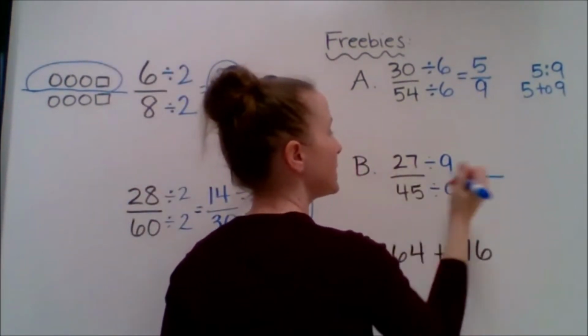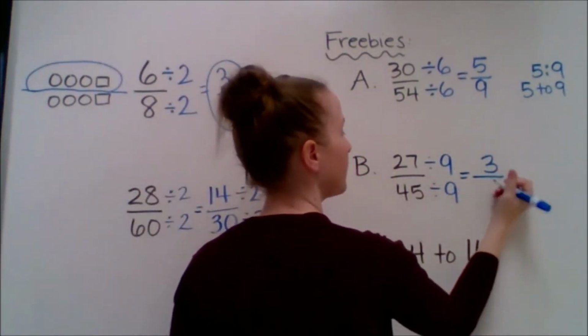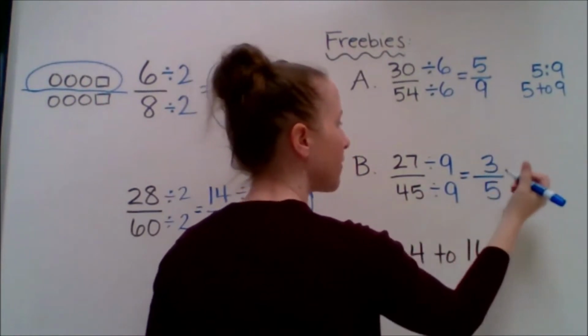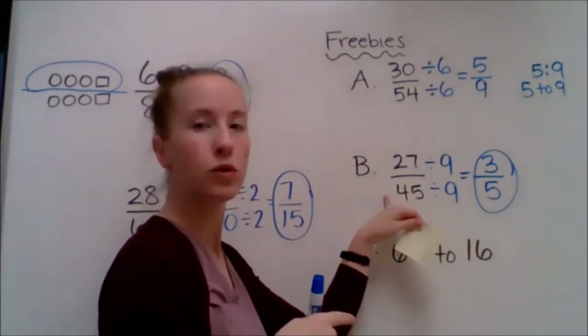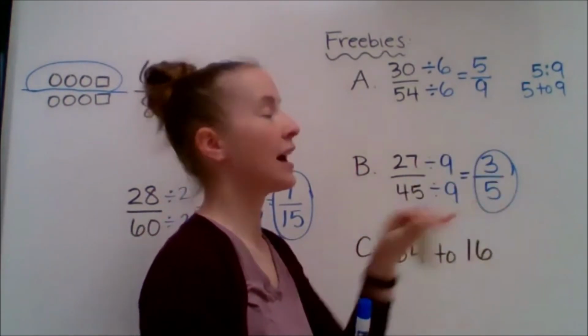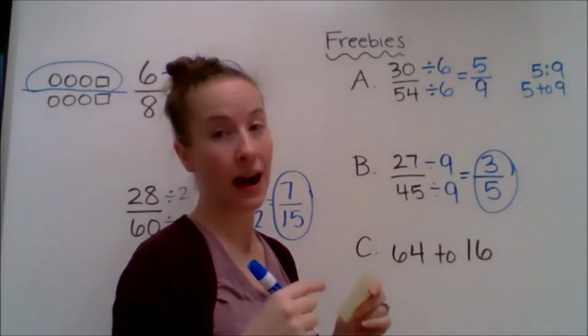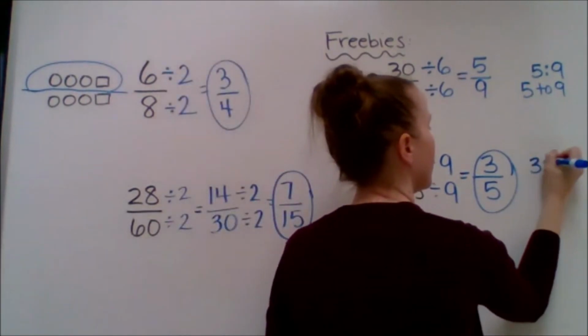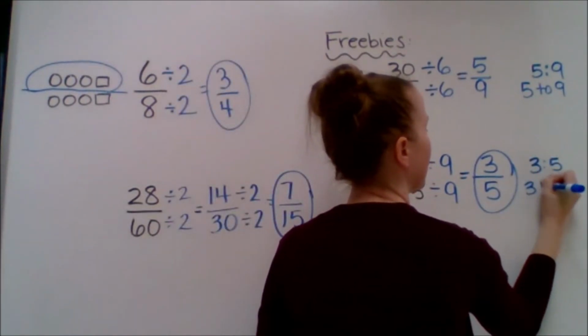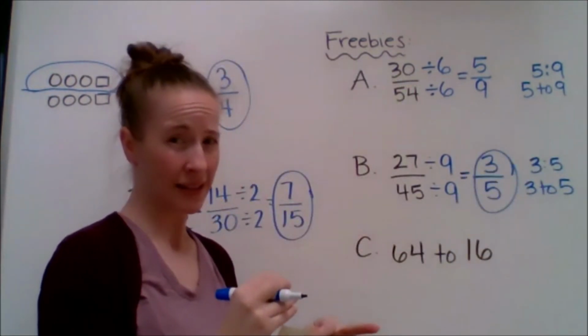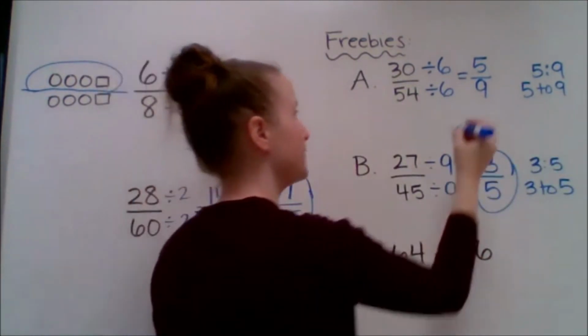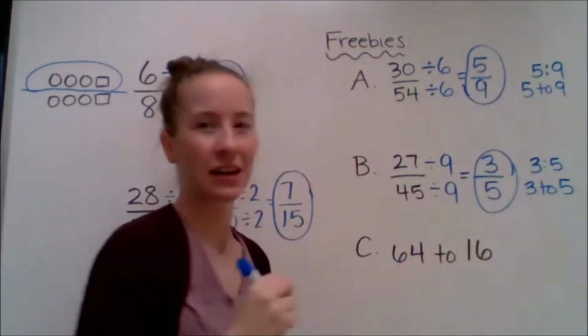Okay. 27 divided by 9 is 3, and 45 divided by 9 is 5. 3 to 5, or 3/5 is good. So what I would do is I'd move card B over to the category that has a 3 to 5 ratio. Remember, it can be written like this as well. So it kind of just depends on which format we're using. That one was done as well.